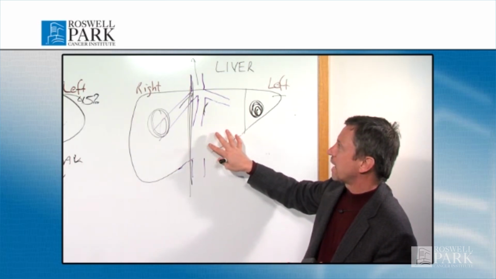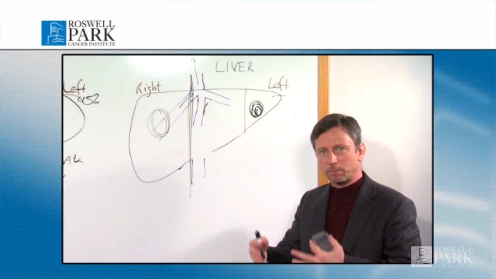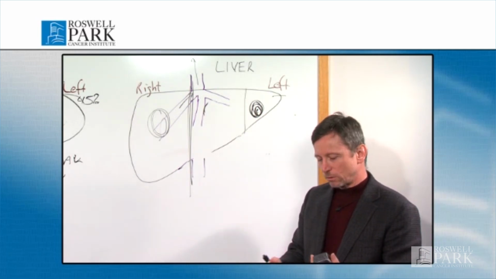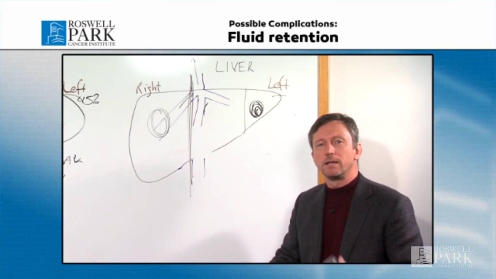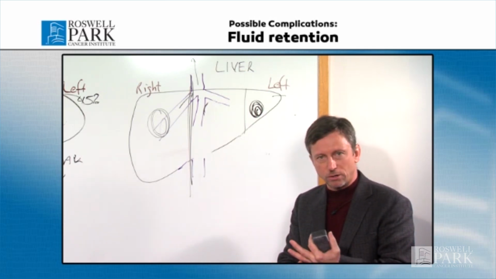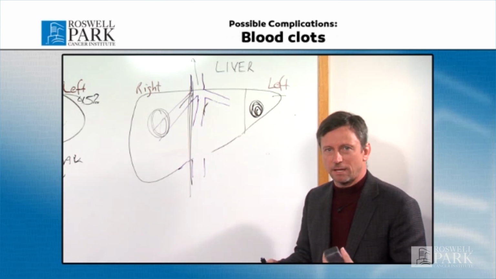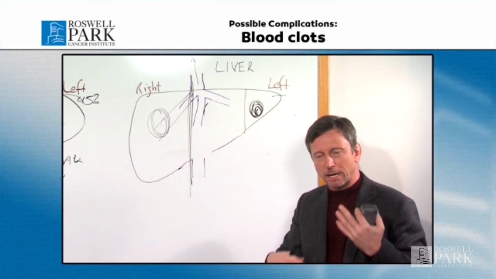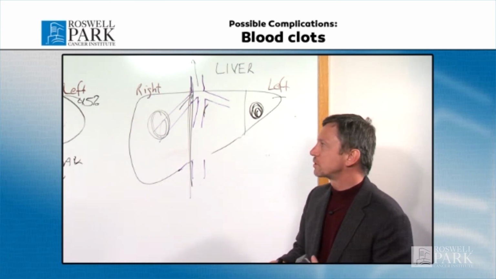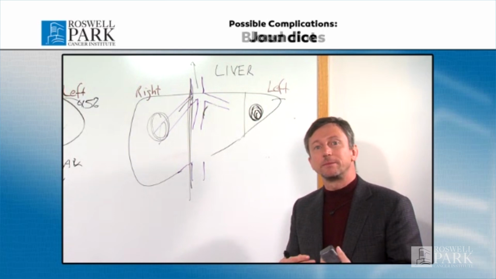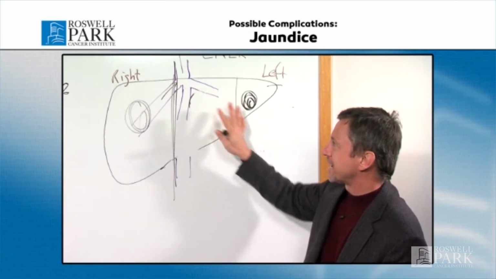What you would expect after having liver surgery, if you do have problems with liver regeneration, what we'll see is that you'll have fluid retention, so you may have swelling in your legs or fingers, or your face may appear puffy. There'll be problems with blood clotting because the liver makes chemicals that help the blood clot, so you may have blood thinning problems. You'll also notice that you may have some yellow jaundice, some yellow hue to the eyes or to the skin, because that's what the liver does.